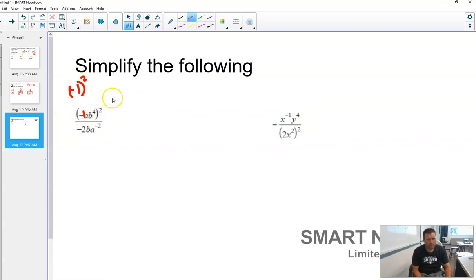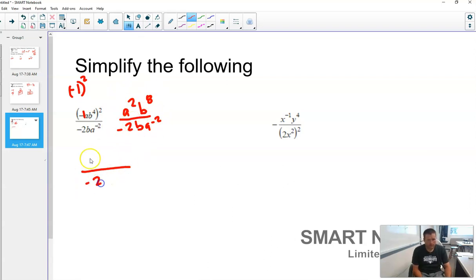Okay? So I'm going to have, in this numerator, 1, and then a to the second, b to the 8th, because, again, we times. And that's still all over -2, b, a to the -2. Now I do my quotient rule.